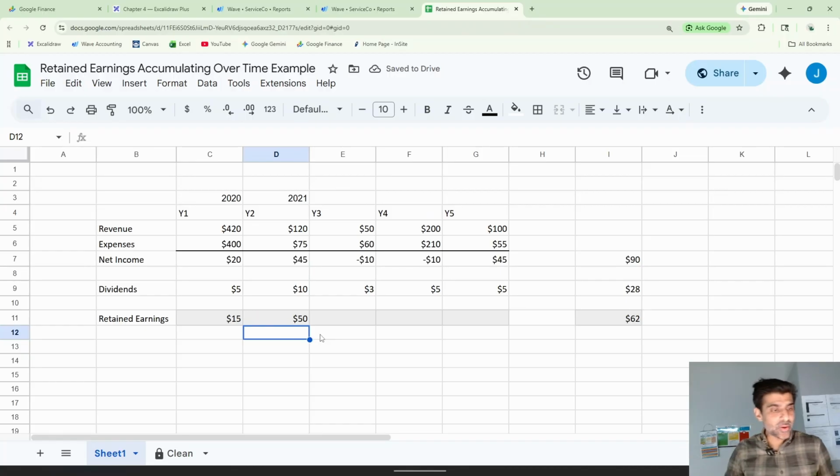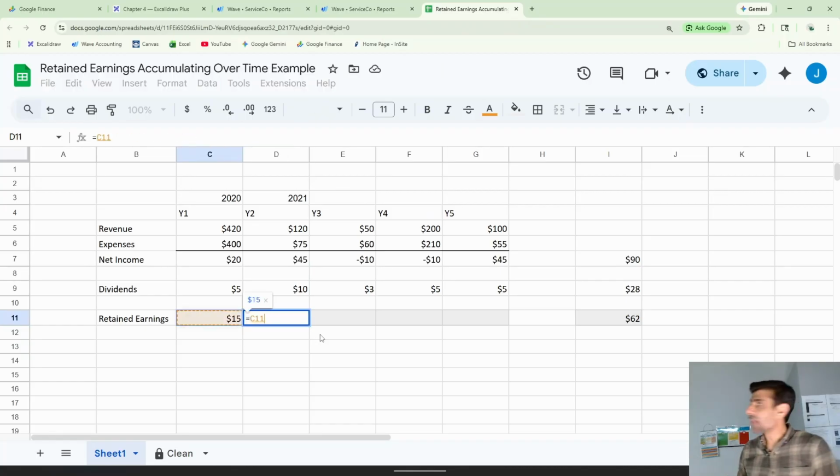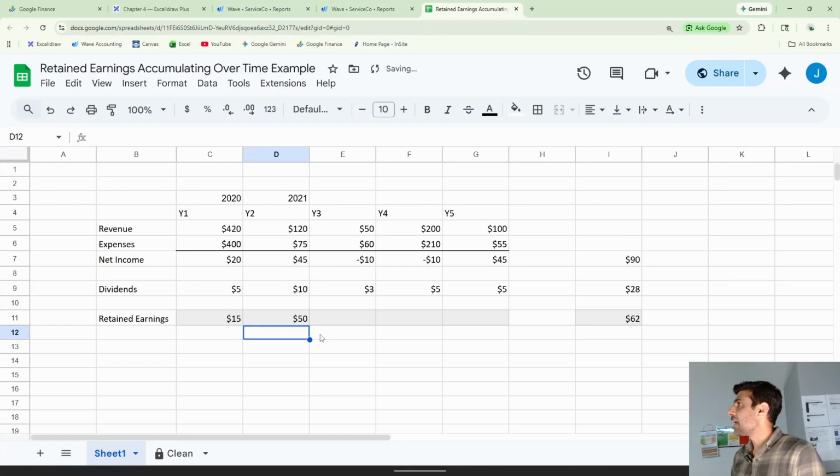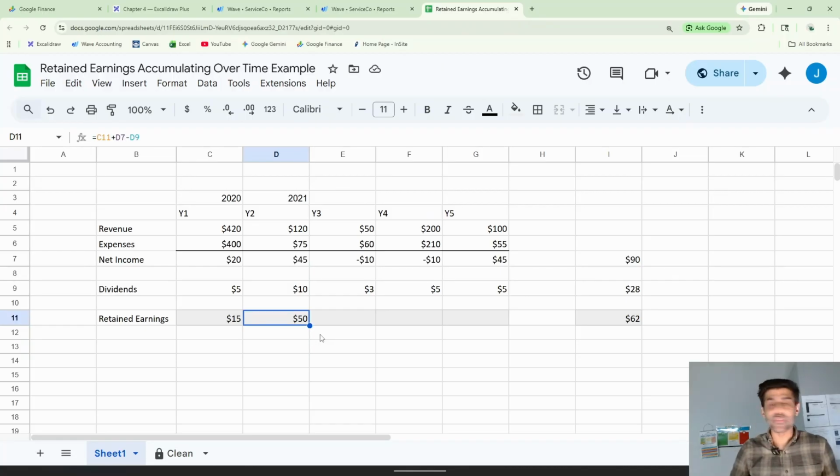The other way we could do it is take the ending balance from the previous year plus your net income minus your dividends of just this current year, and you get the same amount. That's what we're doing when we're updating retained earnings, because for the balance sheet for 2021, we needed this $50.